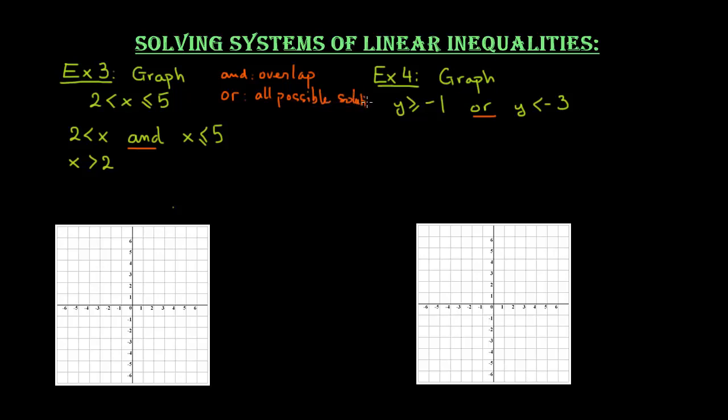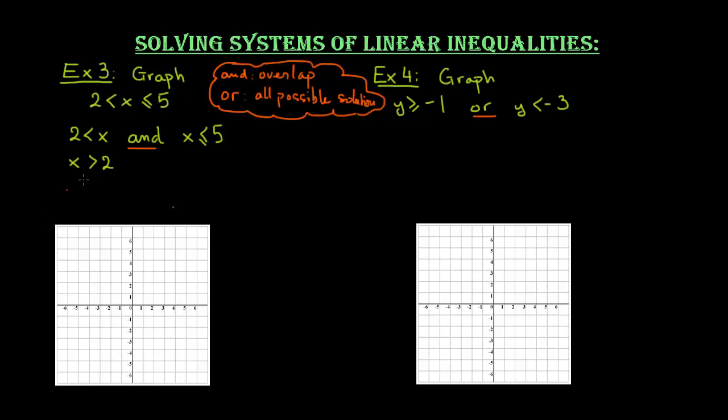So we apply the same thing on graphing the system of inequalities. Right now I'm doing with and. Whatever I graph, after that I will find where they overlap and define that as my solution.